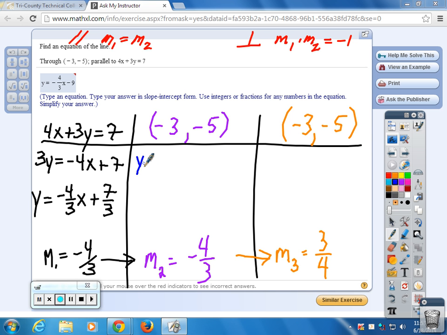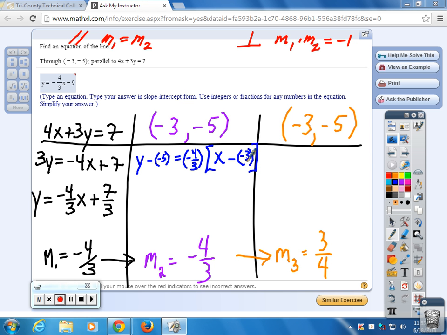Y minus parentheses is equal to parentheses bracket x minus parentheses. And what goes here? -5 and -4/3 goes here, and then -3 goes there.